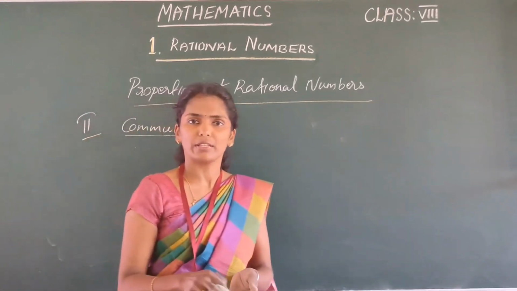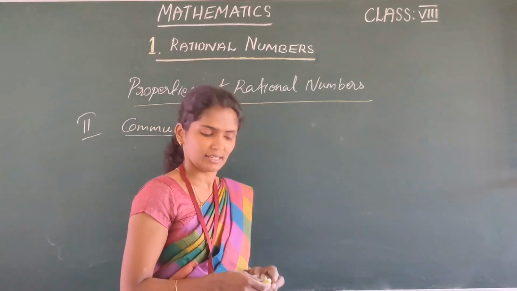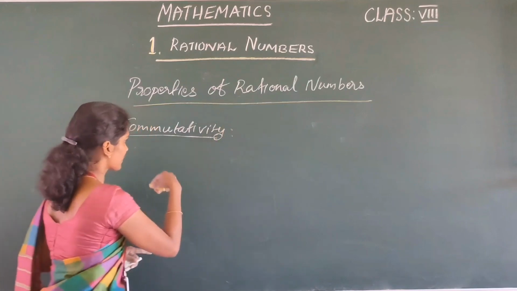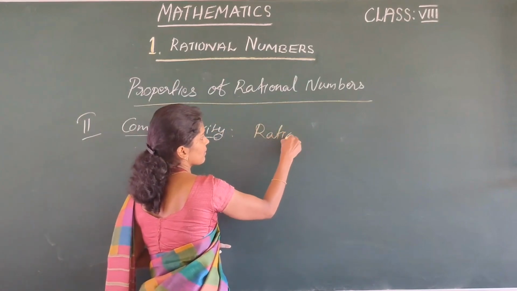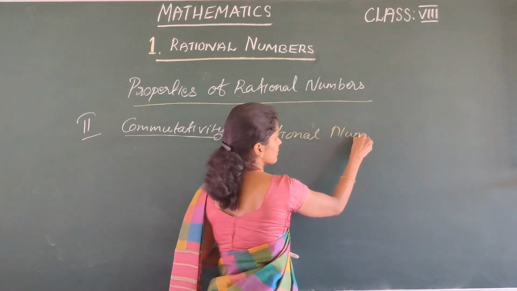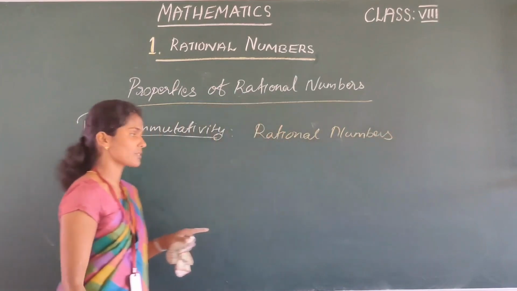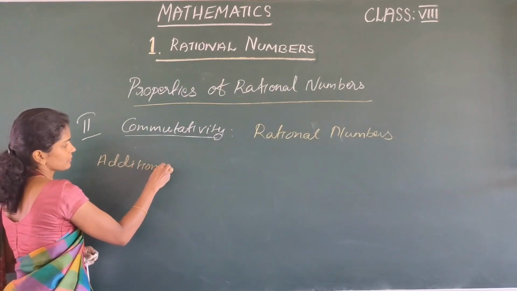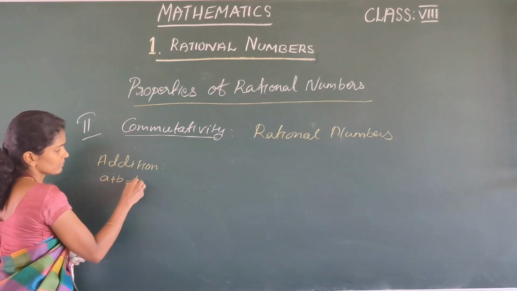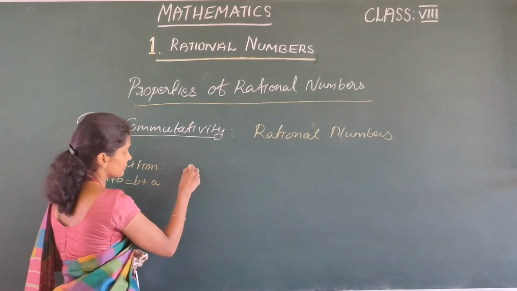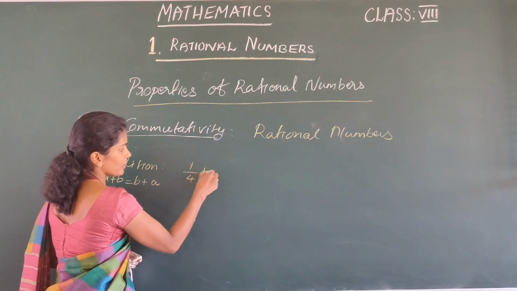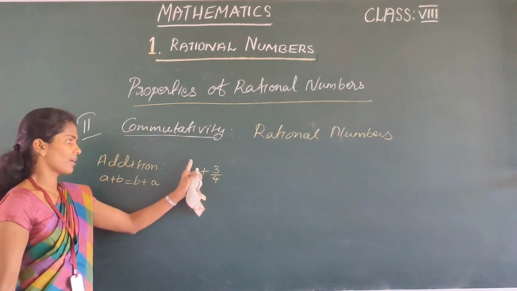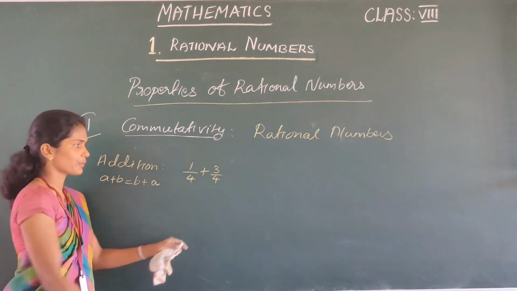You can check the commutativity in the case of natural numbers and integers. Then here we check in the case of rational numbers. Take any two numbers. 1 by 4 plus 3 by 4 is 1 plus 3, 4 by 4.